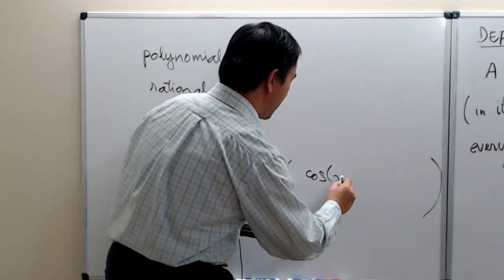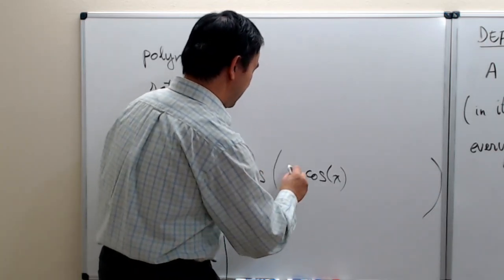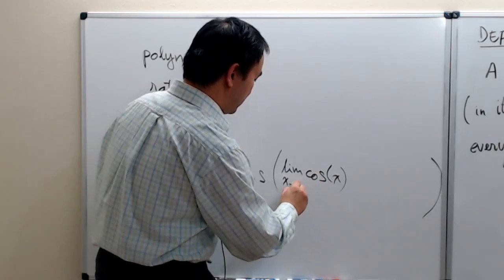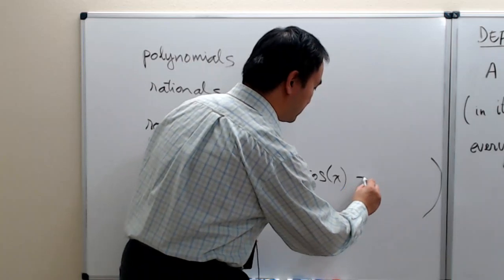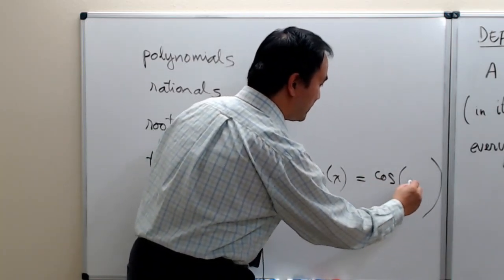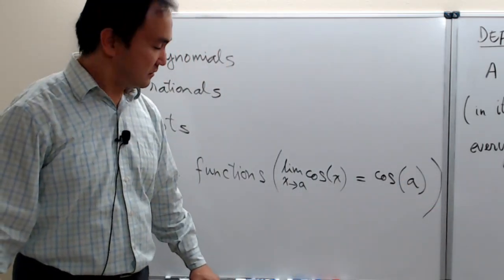The same goes for the cosine function. For cosine of x, we had some brief investigation earlier and came to a conclusion that when you let x come close to any limit point a on the x-axis, the limit happens to be exactly equal to the function output value at x equals a.